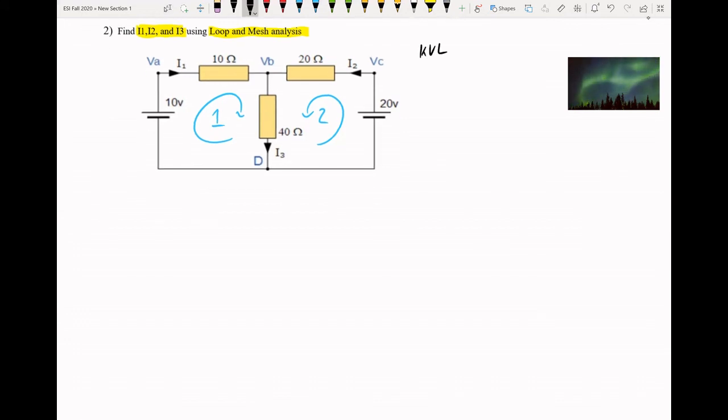And I'll say for loop 1, we'll have -10, because since we're picking a point and then walking that way with it, -10 plus v1 plus v of 3.